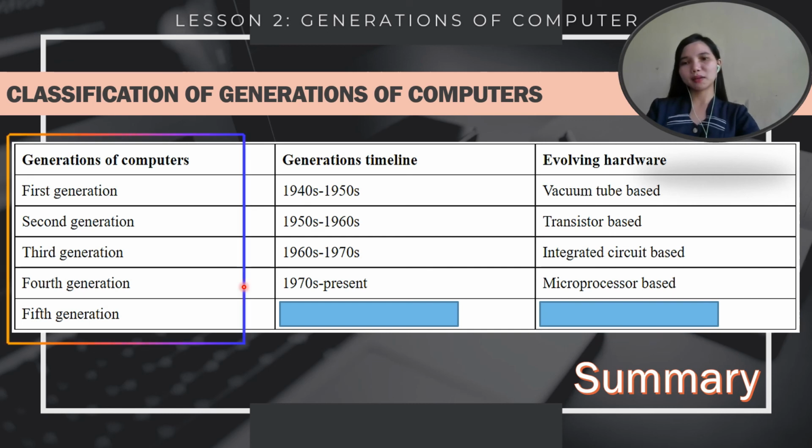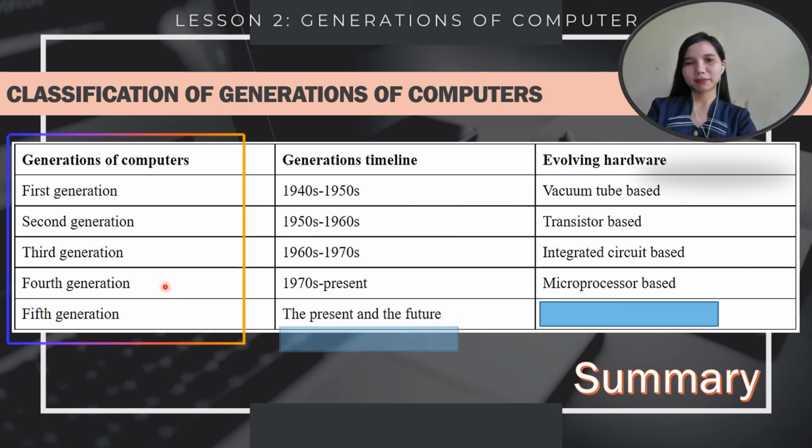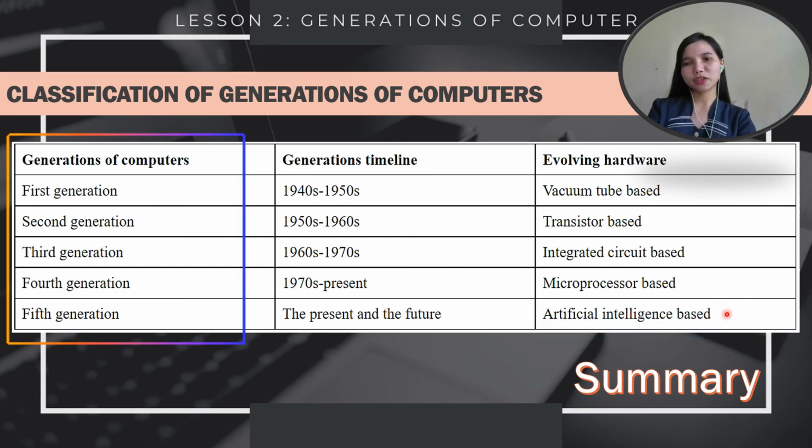Upgraded microprocessor-based. So why is it still present, class? The fourth generation still exists, but some are displaced because they are not used much anymore. And the last generation, the fifth generation, the present and the future. The evolving hardware here, guys, is artificial intelligence or AI. It can read human language. That's it for the classifications of generations of computers: first, second, third, fourth, and fifth generation.